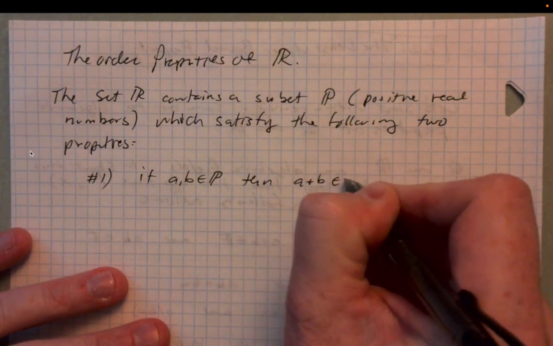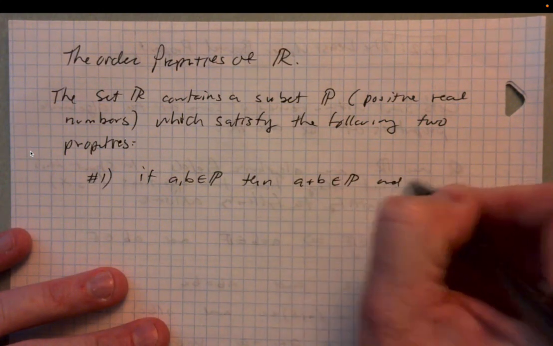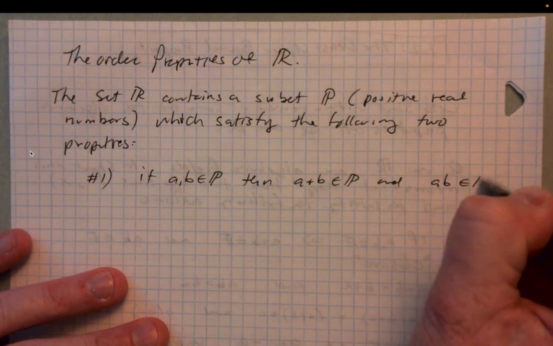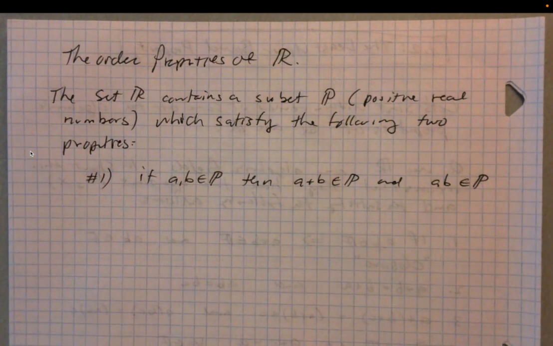So A plus B is in P, and AB is in P. So when I add them together, I'm in P still, and if I multiply them together, I'm in P as well. Right? So basically what we're saying here is that the positive real numbers are closed under these 2 operations.